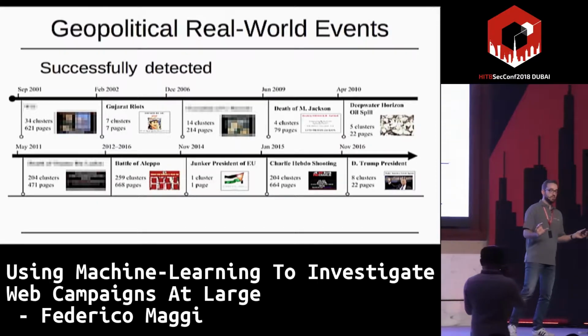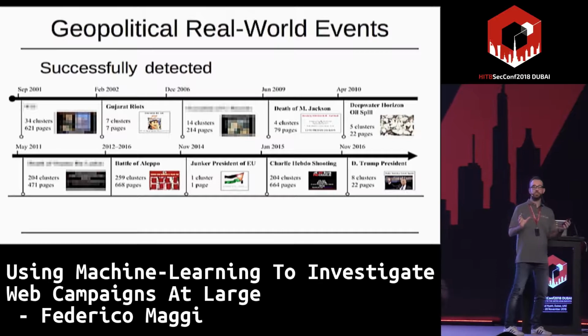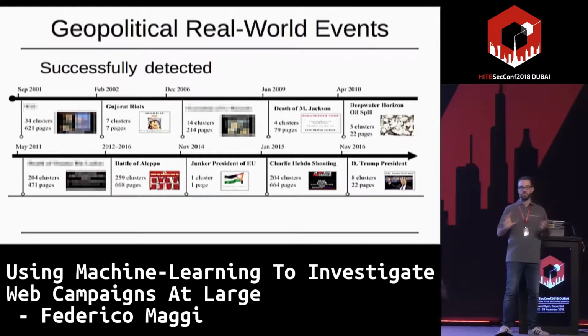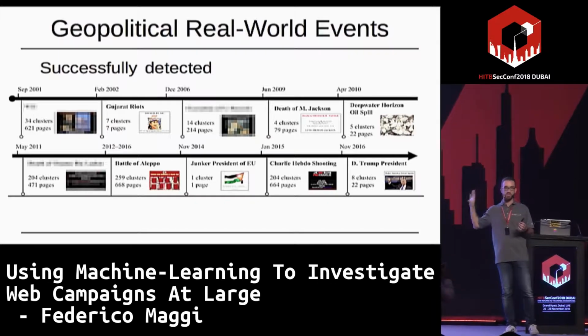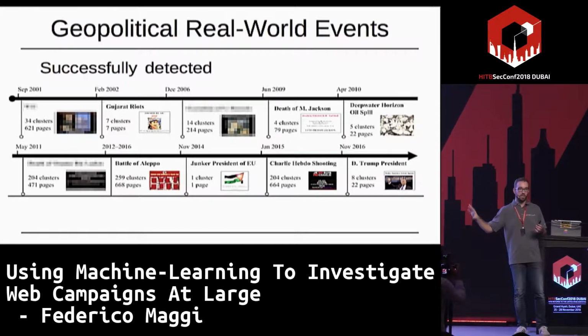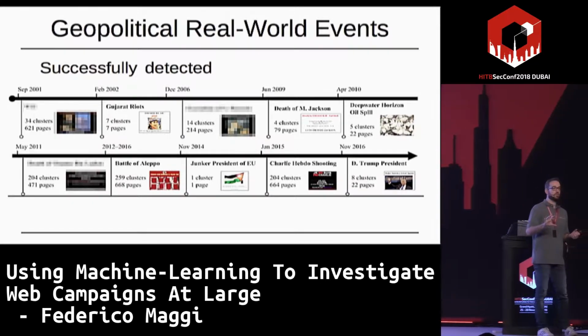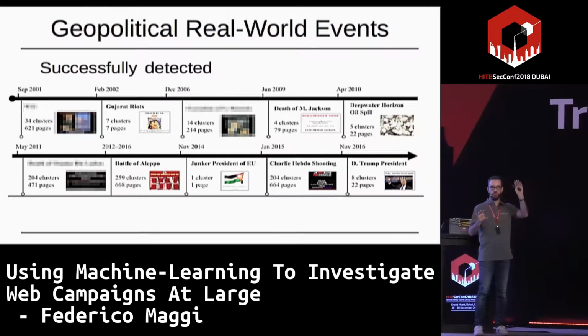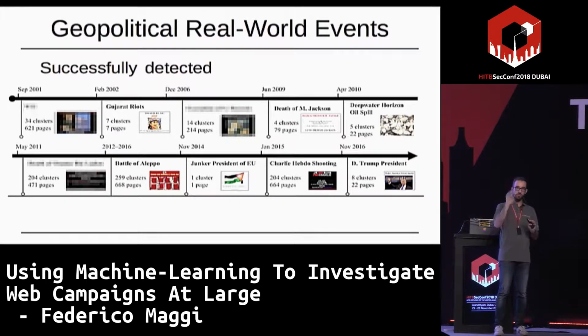What I think is, if I was asked to choose an image out of the paper that we published that best represents the current situation of defacement, I would choose this image. We've drawn this image by trying to make a parallel between real-world events and campaigns. So from our tool, we found campaigns.